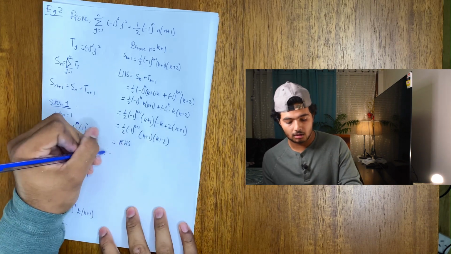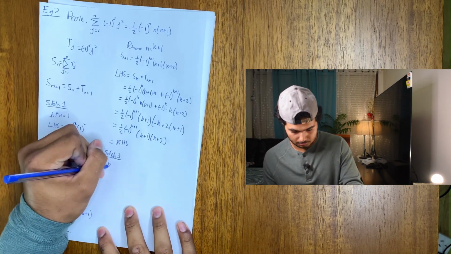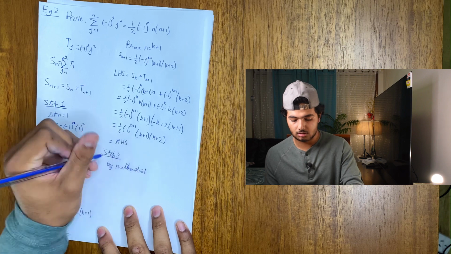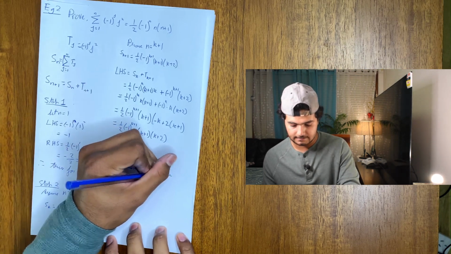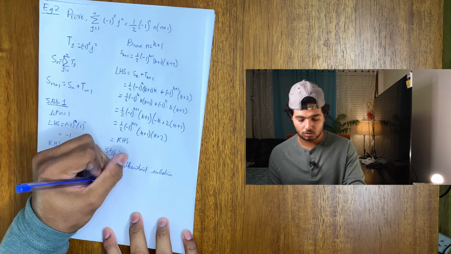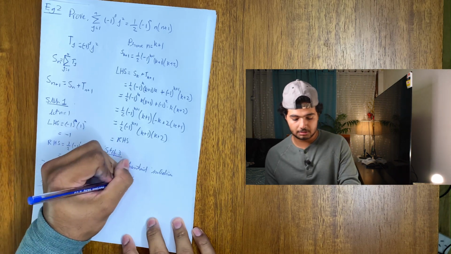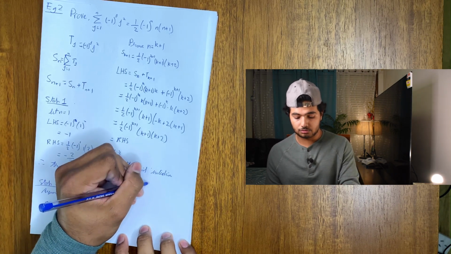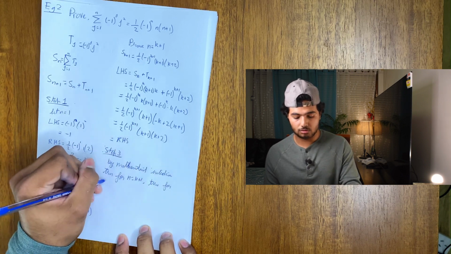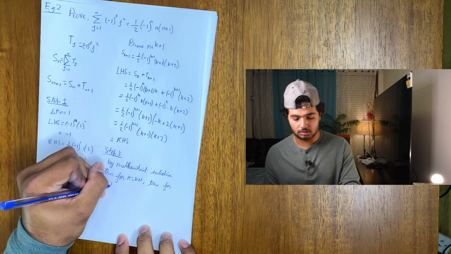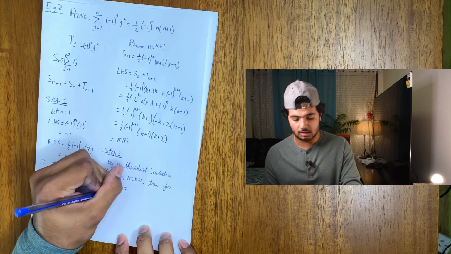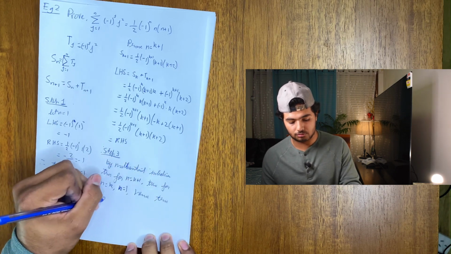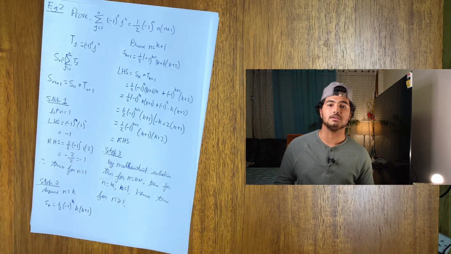Therefore, step 3, by mathematical induction, true for n equals k plus 1, true for n equals k plus 1, true for n equals k, n equals 1, hence true for n greater than or equal to 1 in this case.